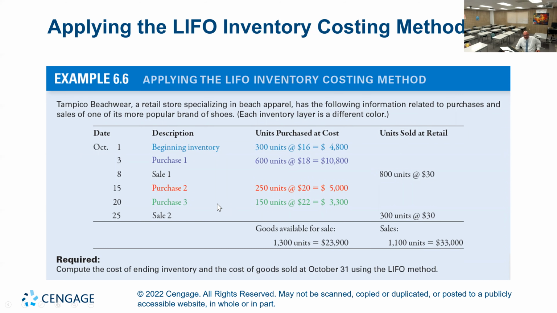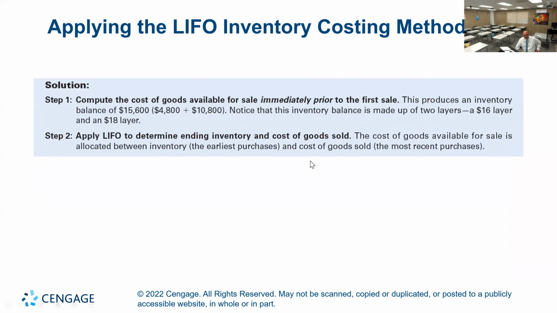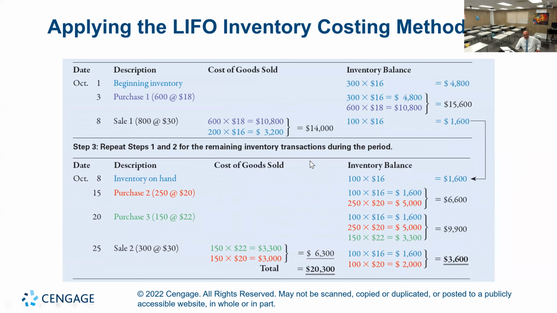So if we have the exact same question here, we have 23,900. When we sell 800 units here, first we're going to sell these first 600 units. And that's what it's doing here. We're going to sell these 600 units. Then we had 300 up here.